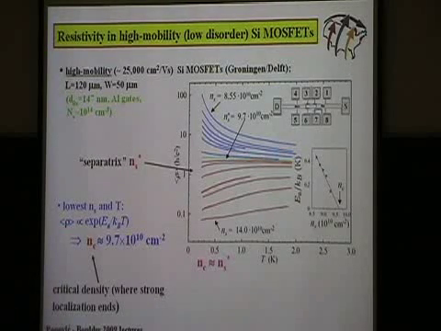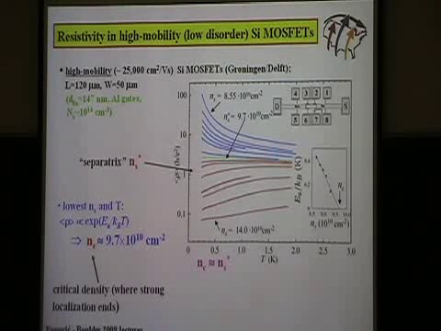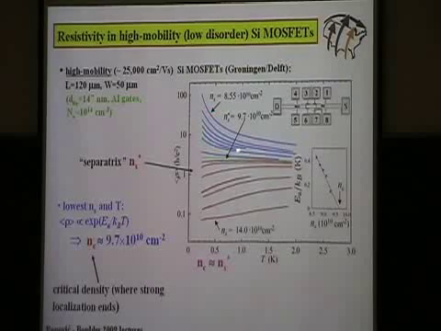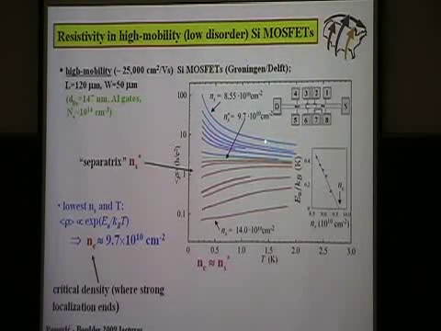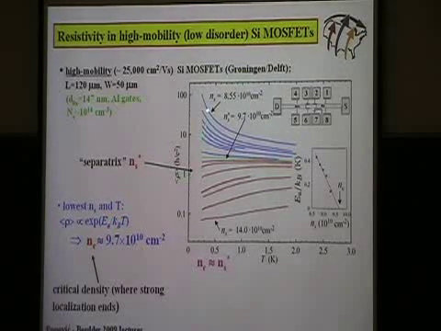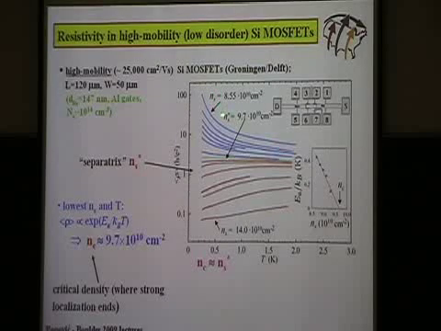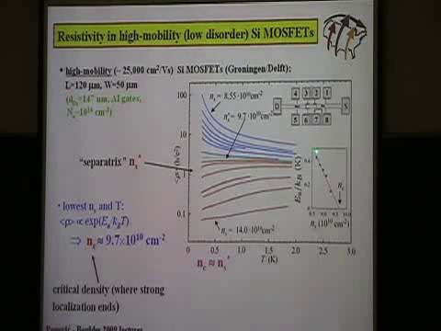And so other people tried to determine the critical density for the transition in different ways. One was to see when this strong localization at low densities ends. So at low densities, we have a strongly localized state. We have exponential temperature dependence of the resistivity. So for each curve, you can fit the data to this kind of expression, extract the activation energy, and then see how the activation energy decreases as you increase the density.